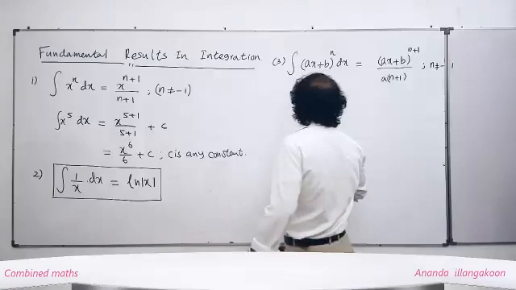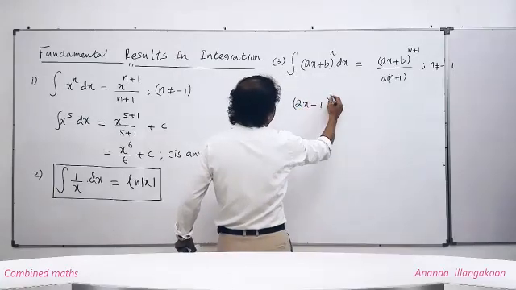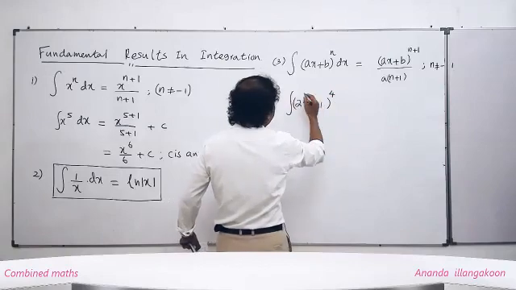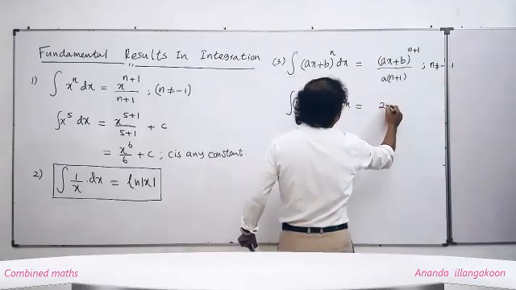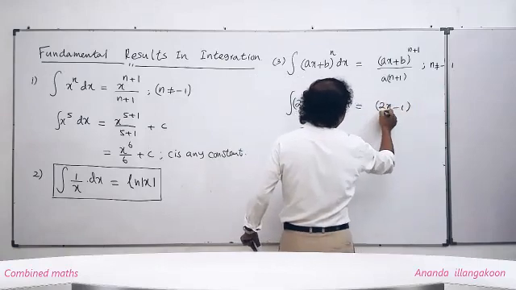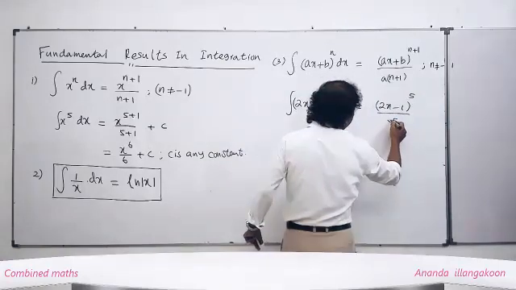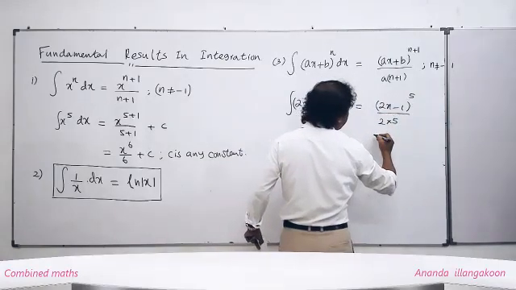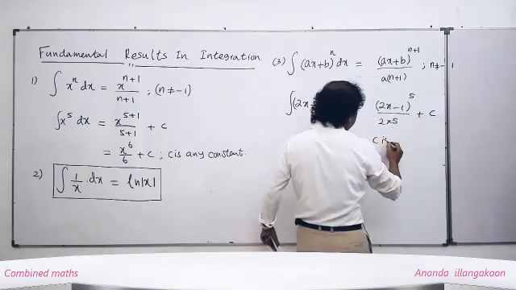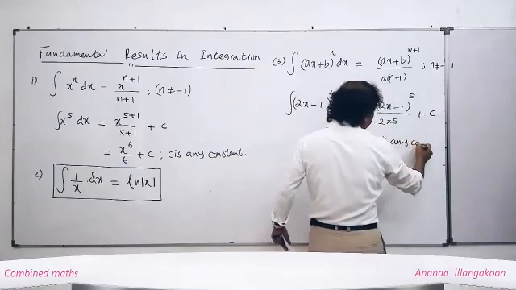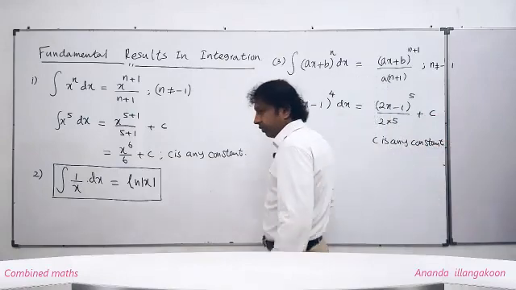For example, when I take 2x minus 1 to the power 4, if we need to integrate, you have to add 1 here and divide by the new power multiplied by the x coefficient, plus c. C is any constant.